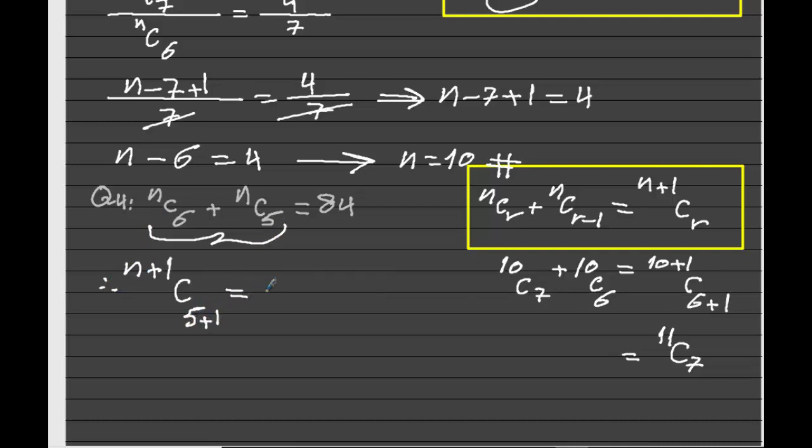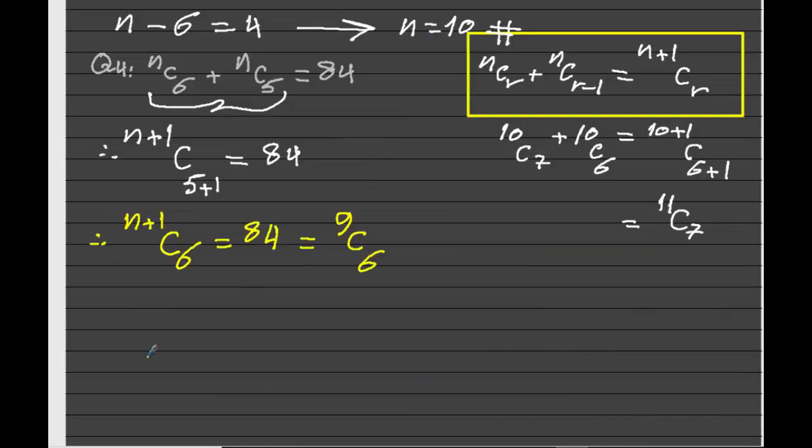Okay, it is equal to 84. Now we have (n+1)C6 equals 84. And the 84 in the form of combinations equals 9C6.